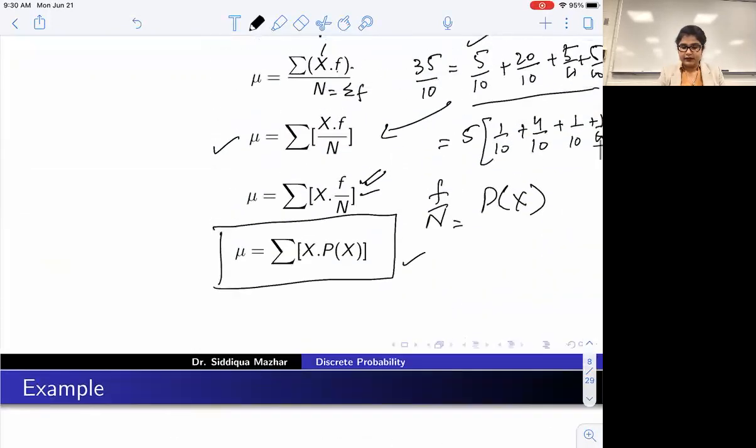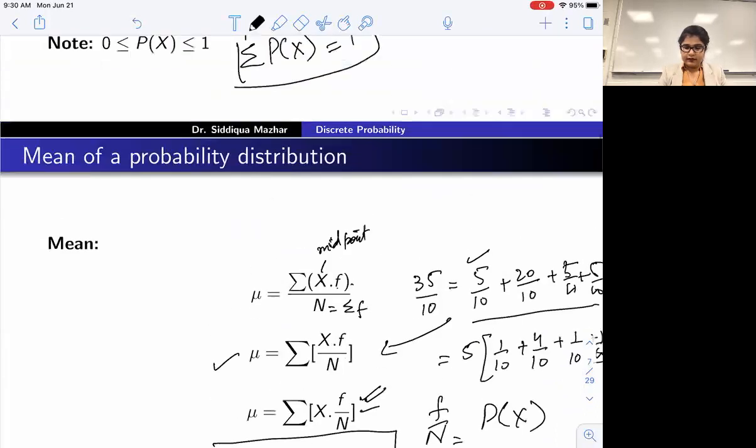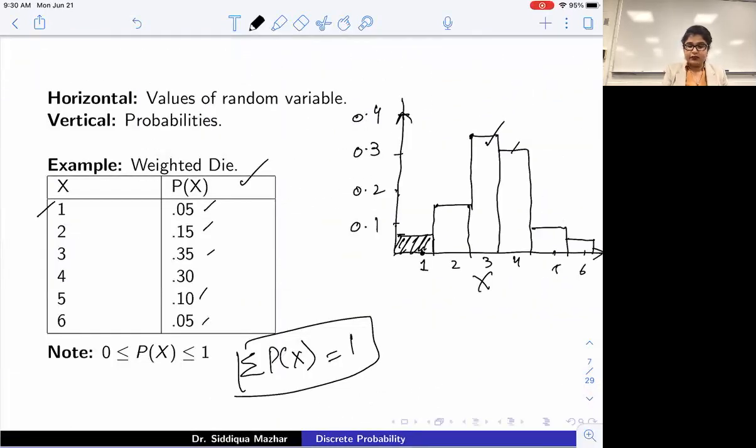But here, in the place of f, we have the probability of x, because we are changing frequency to the probability distribution. So if you calculate the sum of p of x, it gives you 1, because the sum of f gives you n. But n is here equal to 1, because n is the sum of p of x.